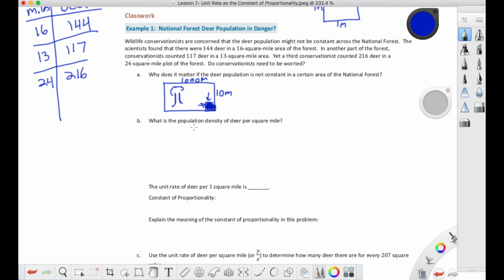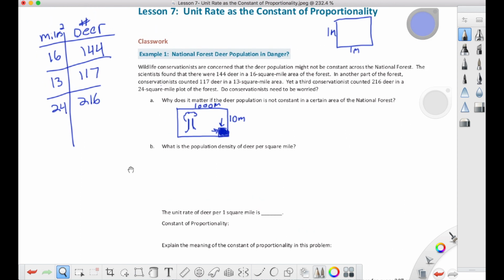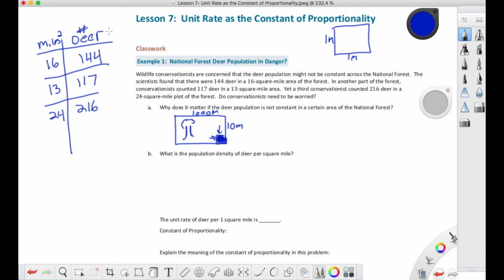So what is the population density of deer per square mile? Basically that's asking us to find the constant of proportionality. The way we do that is by taking this and turning it into a fraction. We're going to put the bigger number on top: 144 over 16.